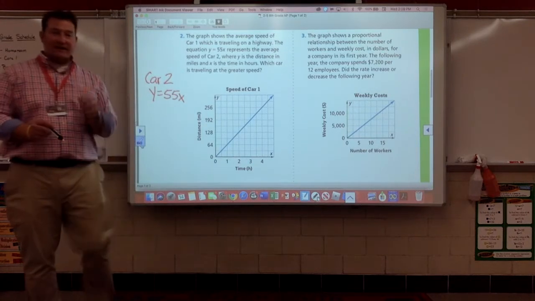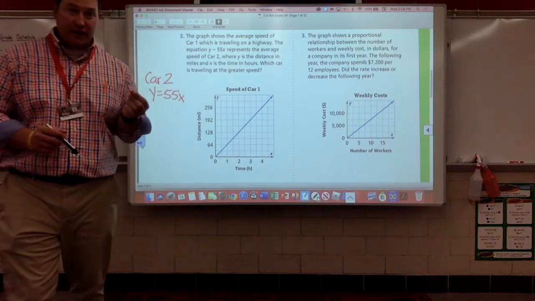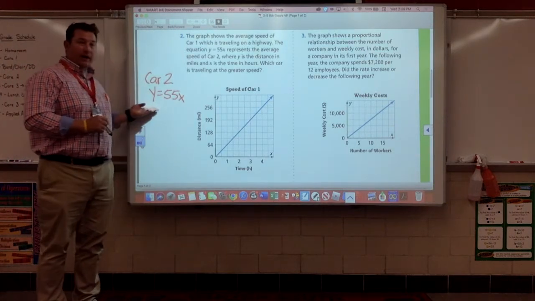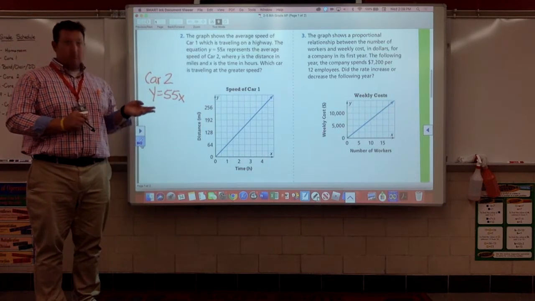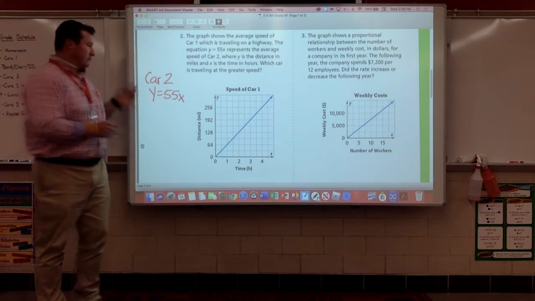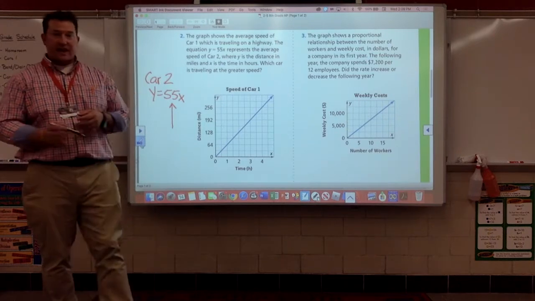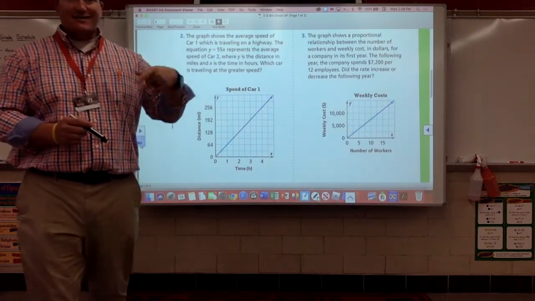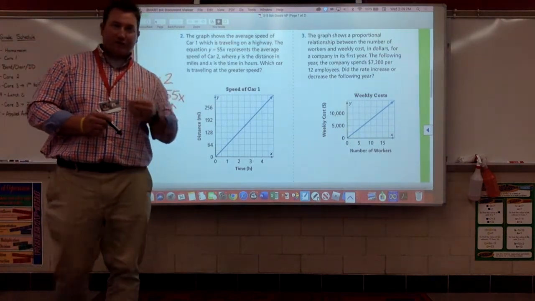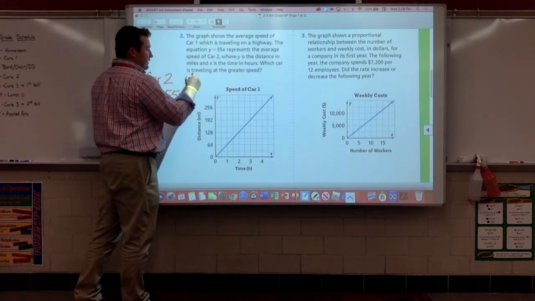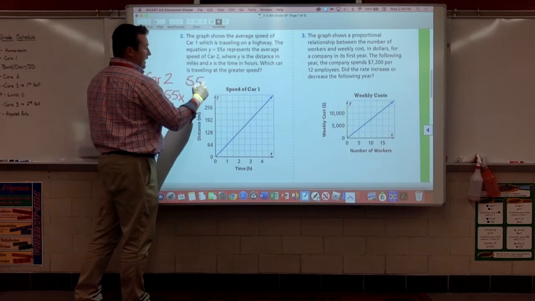Can you correctly identify the unit rate, also known as the constant of proportionality, from an equation? Hopefully you're all shaking your heads along with me. Yes. People. Coefficient. It is an 8th grade word, the coefficient. That's the number in front of or before a variable. So guys, car number 2 has a unit rate of 55.